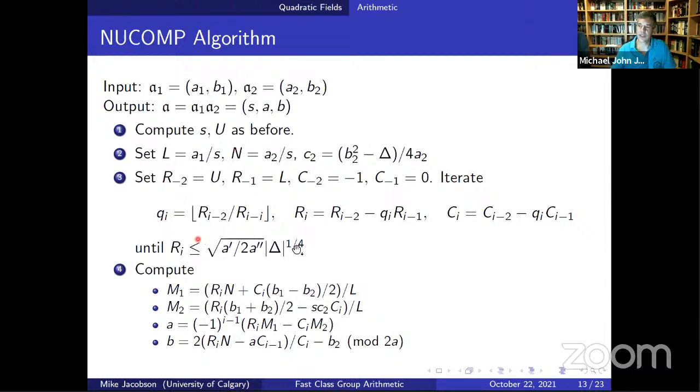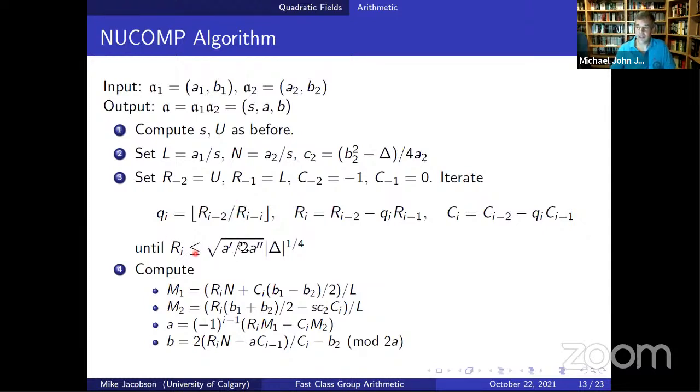Steps 2 and 3 are just basically the Euclidean algorithm working out that simple continued fraction. And again, the observation is that the Q values here, the partial quotients of this simple continued fraction, exactly match up to a point the partial quotients you would get if you had actually done the multiplication and did them on the quadratic irrationality (b plus root delta) over 2a.